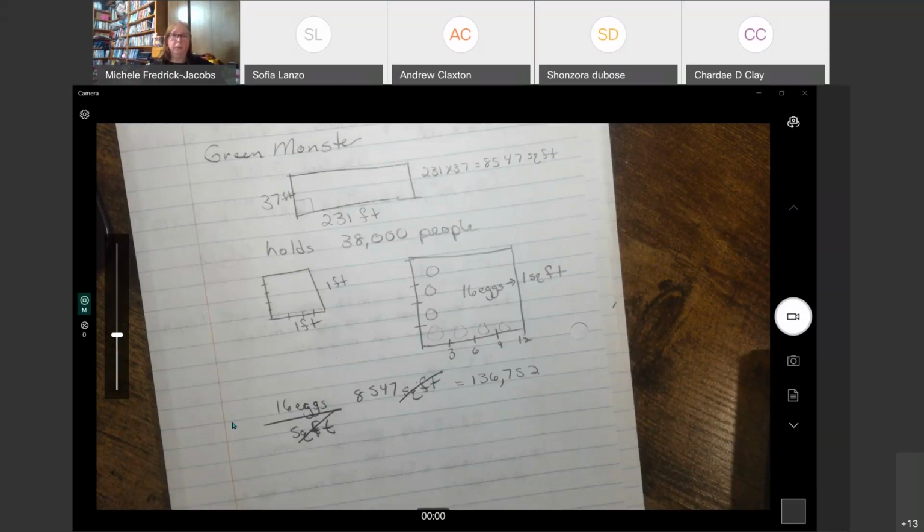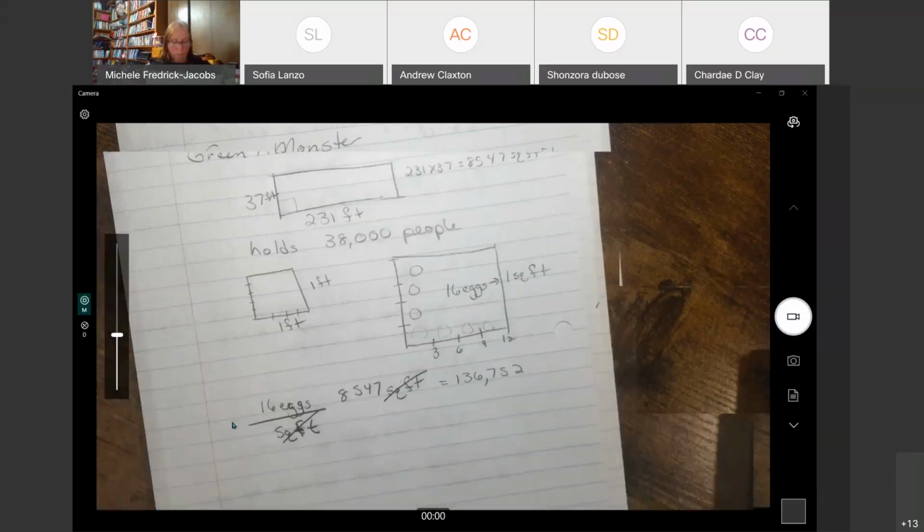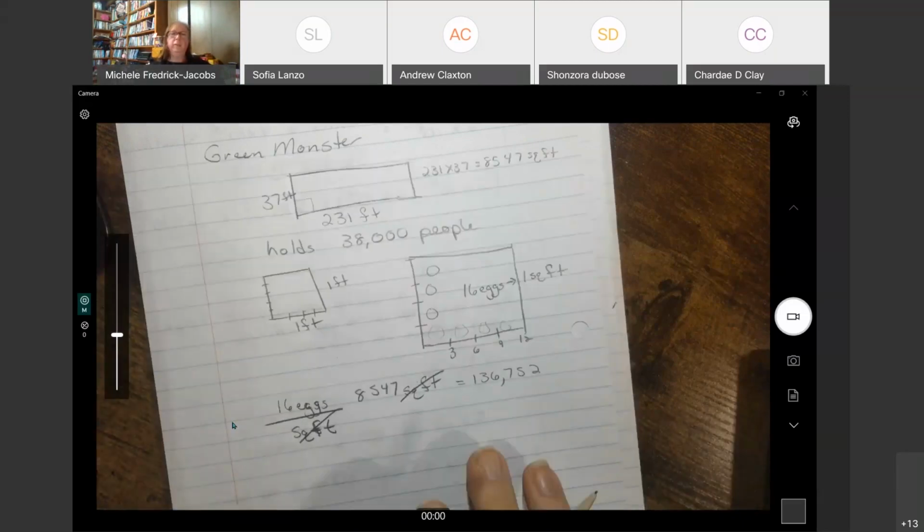I like that problem. I liked the lab where you went to a different planet because you can put a lot of different things with that. Any other questions? Did that help you though? Yeah. Okay.